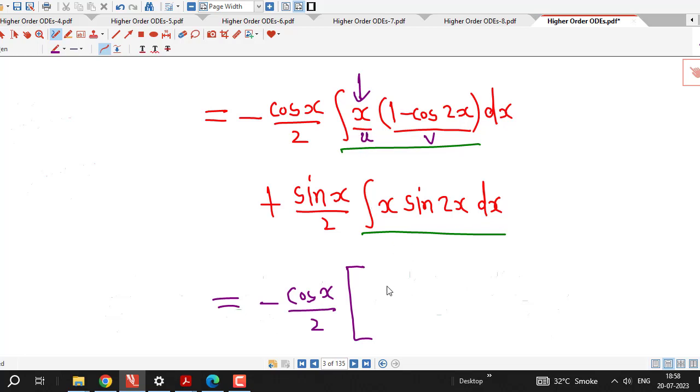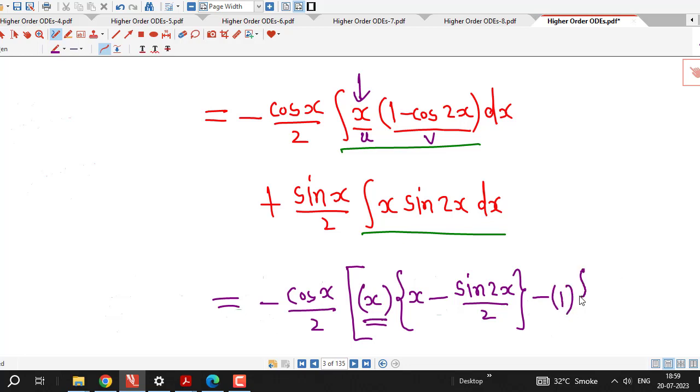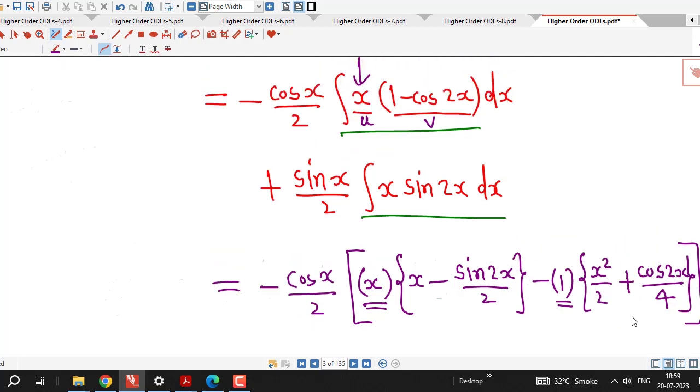First derivative of x is 1, second derivative is 0. x as it is, integral of 1 minus cos 2x, that is x minus integral of cos 2x is sin 2x by 2, minus derivative of first bracket, that is 1, and integral of this second bracket, that is x square by 2, minus integral of sin 2x is minus cos 2x by 2, so that is going to be positive, and we have cos 2x divided by 4, and in the next step we will have 0 because derivative of 1 is 0. Let me check again.